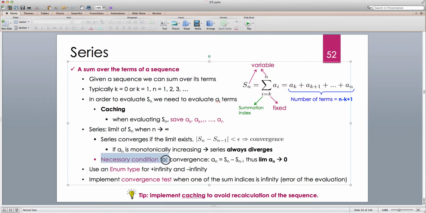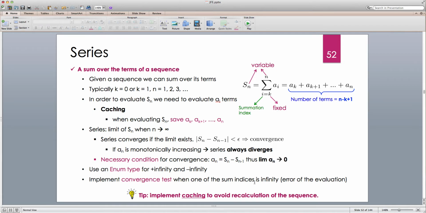And the necessary condition is that in order for the series to converge, or in order for the limit of this partial sum to exist, this sequence a must have a limit of 0. If it has a limit anything other than 0, the series doesn't converge. So that's a necessary condition.